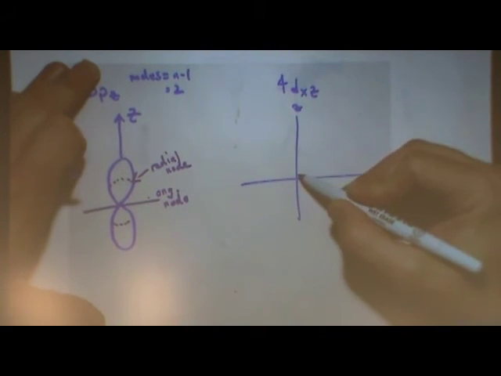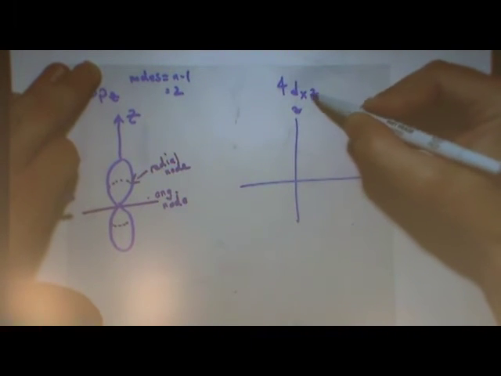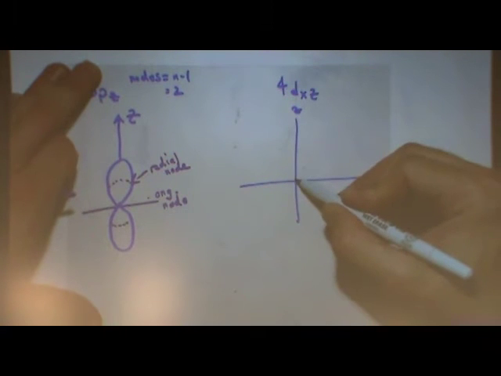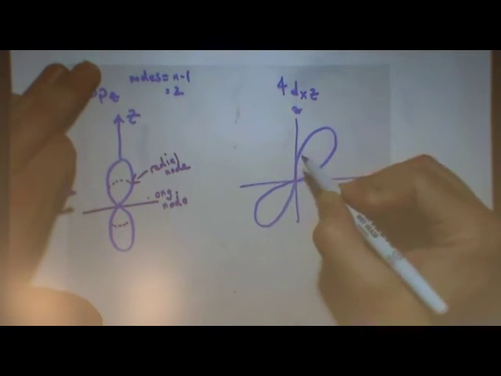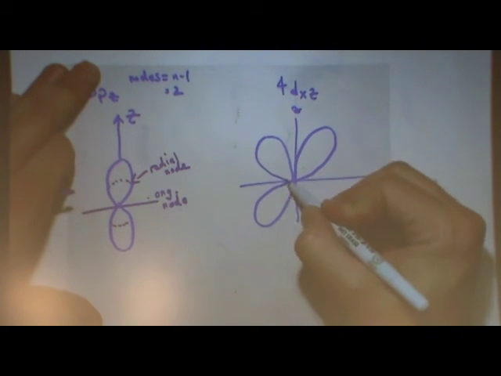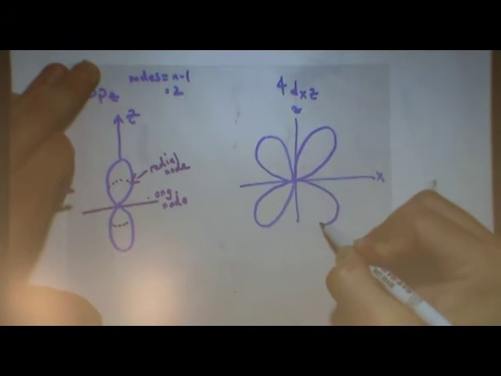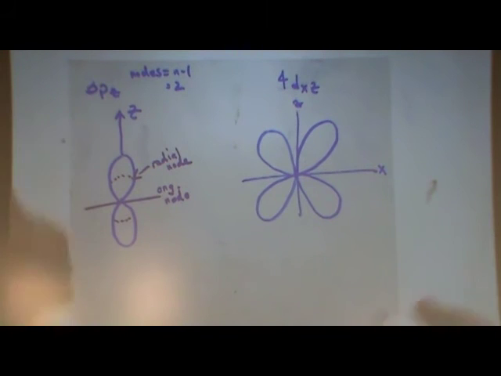Okay. So here, you see x and z, so draw the xz axis like that. And it's a 4-leaf clover. Because they're not squared, I gave you the little memory device to remember that when it's not squared, it's off axis or between the axes. So we're going to draw a 4-leaf clover or a 4-petaled flower, like that. Remember, the d orbitals, except for one, look like a 4-leaf clover.